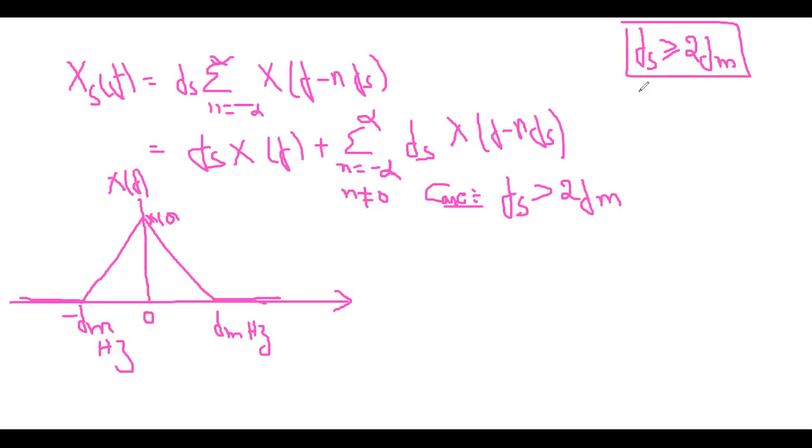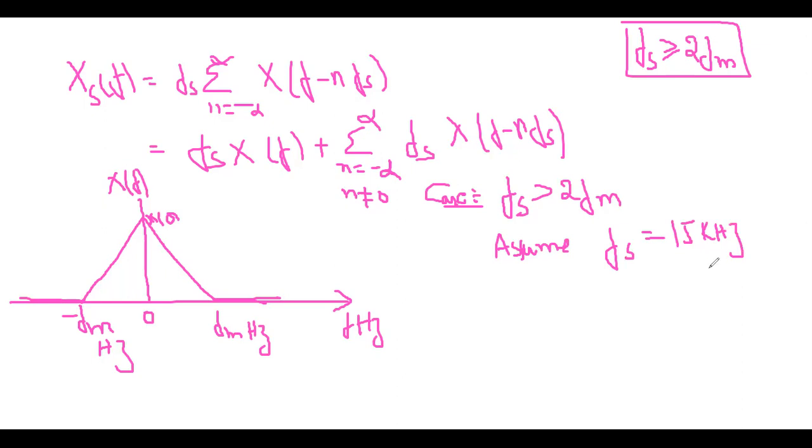Now I am taking the first case, where the sampling frequency Fs is greater than 2 fm. Okay, assume, to derive this, the frequencies are in hertz only. Assume Fs, the sampling frequency, is 15 kilohertz, my dear students.